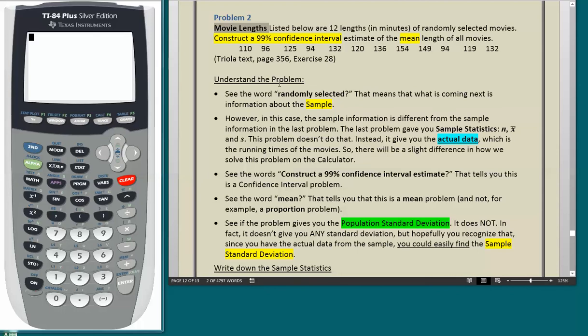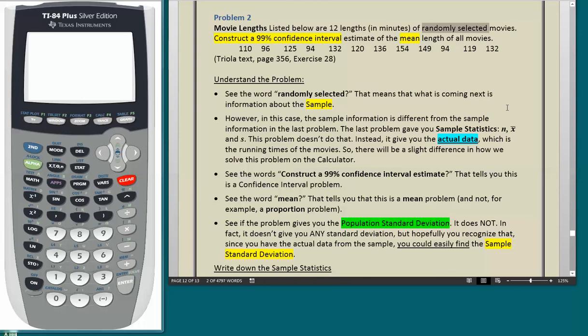So the first step is to understand the problem. Do you see the words randomly selected? They're right here. That means that what is coming next is information about the sample. However, in this case, the sample information is different from the last problem.